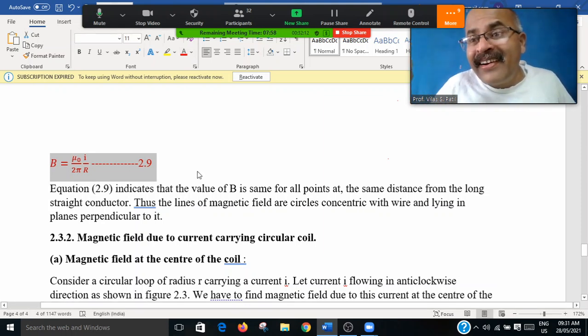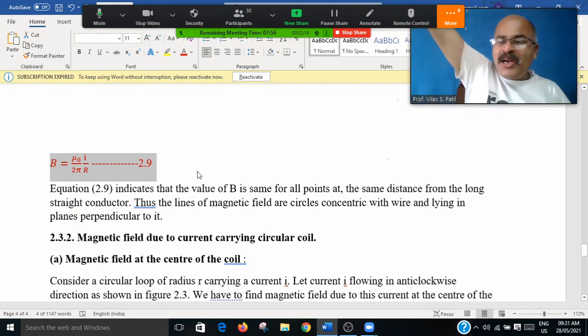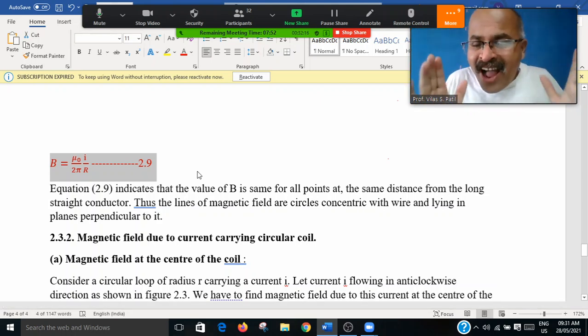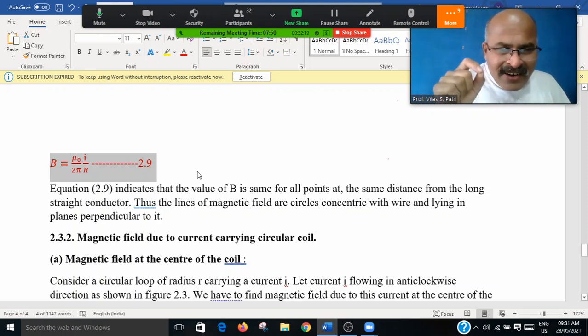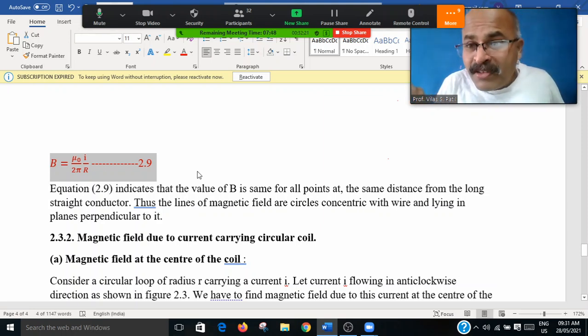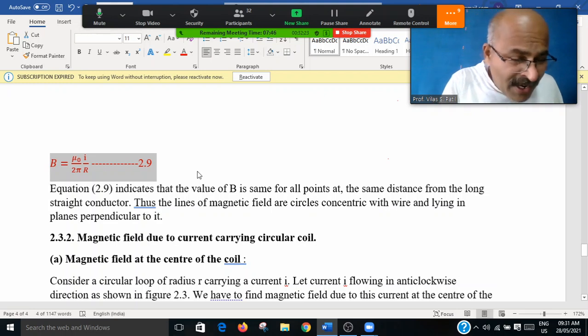that carries the current I. Long and straight conductor आहे which carries the current I आहे, and if that carries the current I, then what is the magnetic field, and that magnetic field is given.